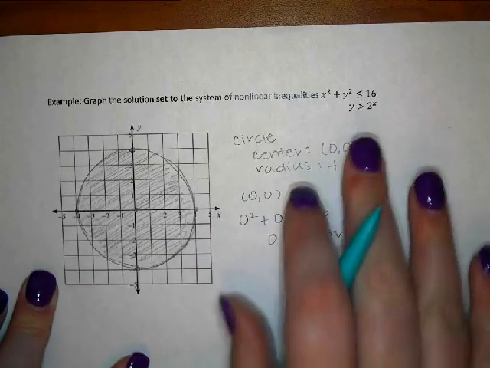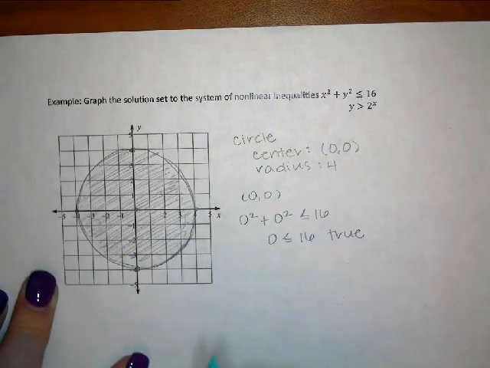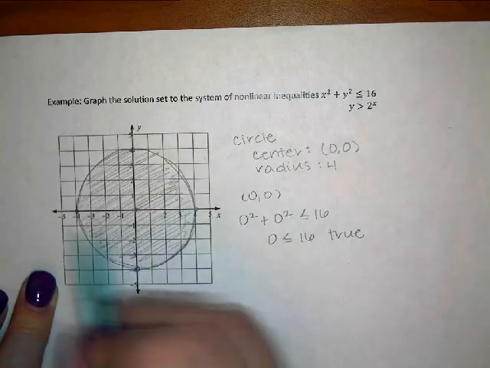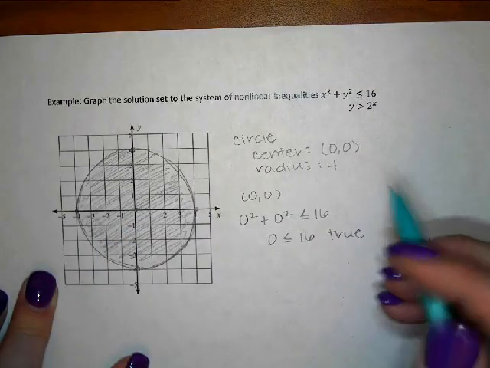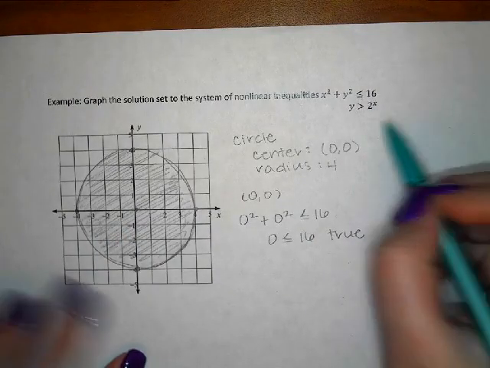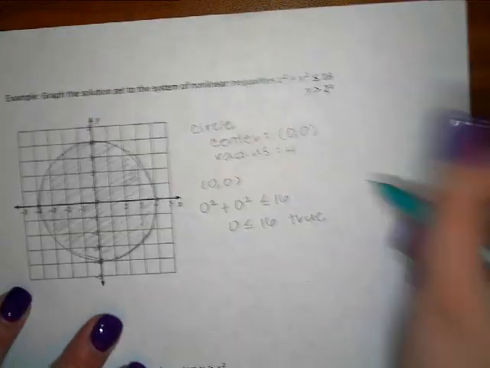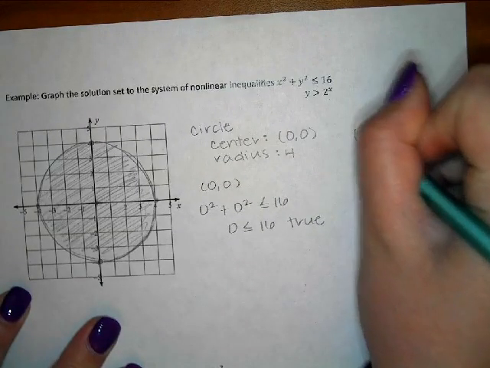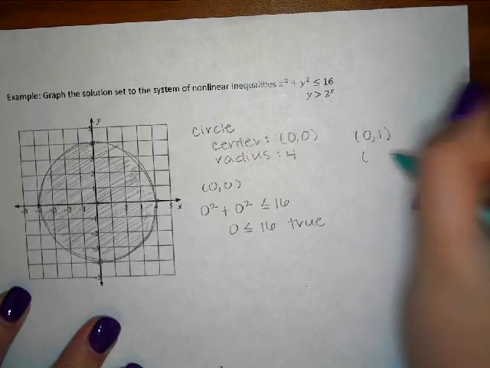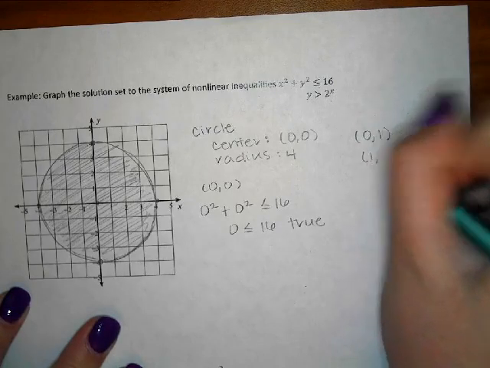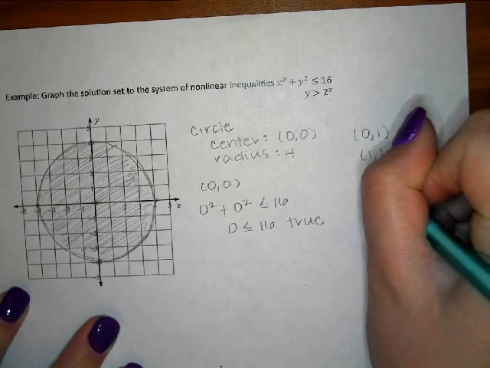Okay, the next one is an exponential function. And so exponential functions are 0, 1, 1, comma, the base, and then a horizontal asymptote of y equals 0. And so in this case, we have an exponential function with the base of 2.